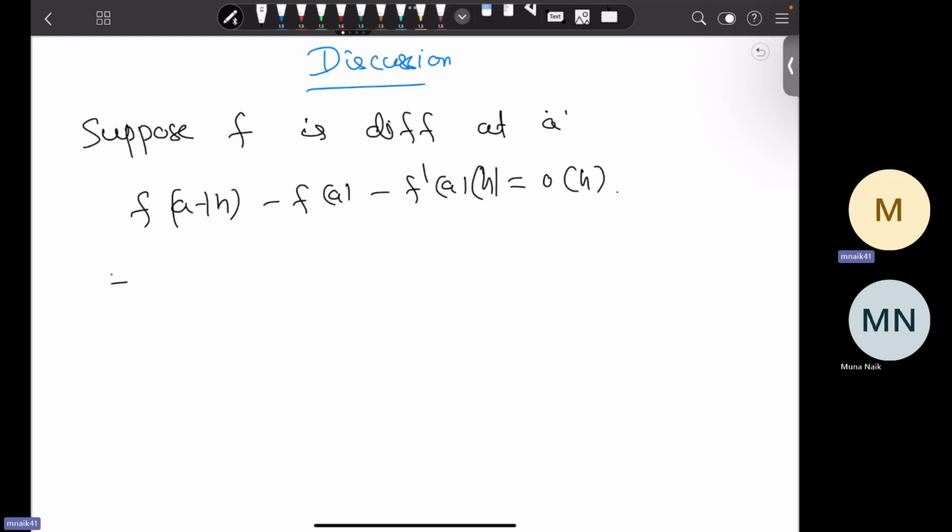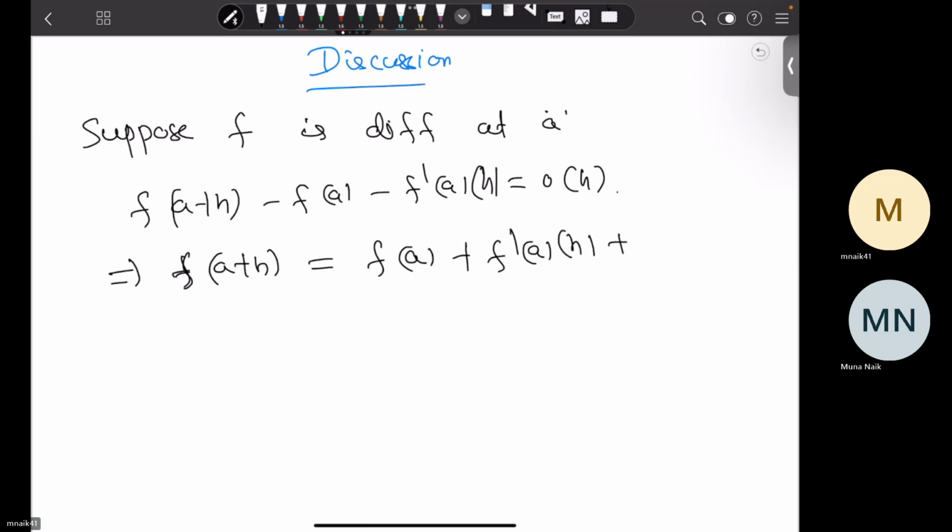So f(a+h) is equal to f(a) plus f prime(a)h plus little o of h. This is the meaning of differentiability.